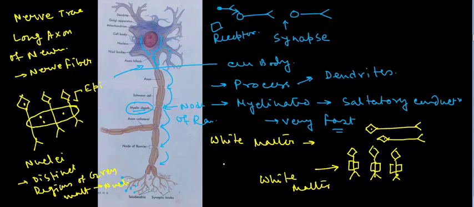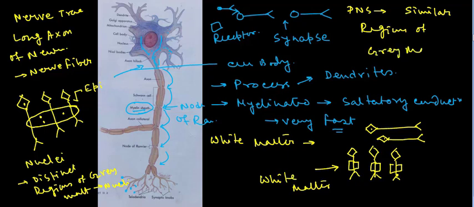Okay, and in the peripheral nervous system, similar regions of gray matter are called ganglia. So in the peripheral nervous system, similar regions of gray matter form the ganglion.